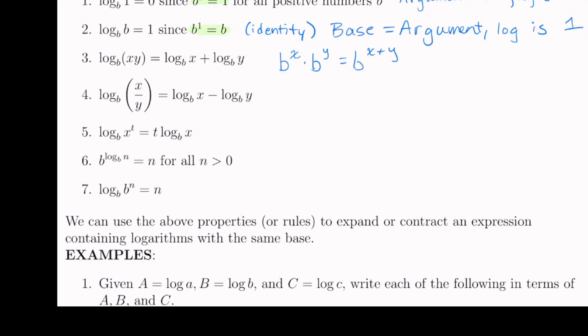Here, log base b of xy equals log base b of x plus log base b of y. So when they're being multiplied, we can separate it into two separate logs, and it allows us to work with the logs better. So multiplying allows us to change it to addition.